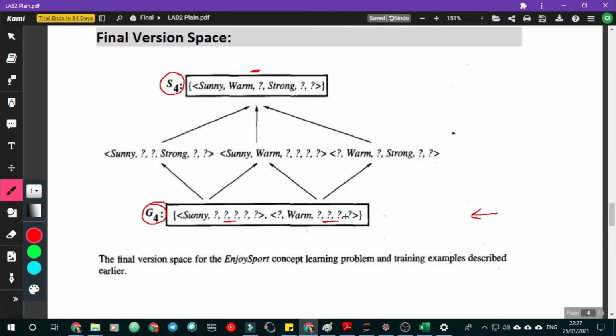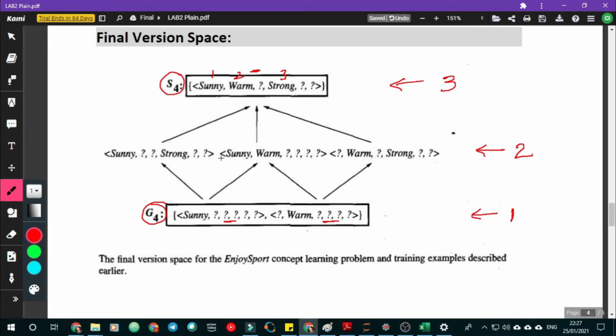Here also, this is the second hypothesis where I have only one attribute value among all the 6 attribute values, and this is a specific hypothesis where I have 1, 2, 3 values among 6 attribute values, right? But I should find a hypothesis in between these two. This is 3, this is 1. I should find a hypothesis having 2 attribute values, right?